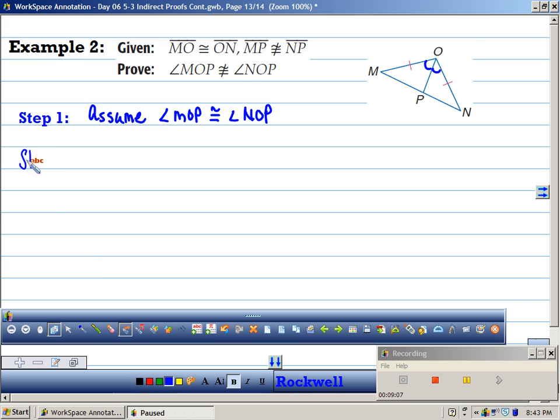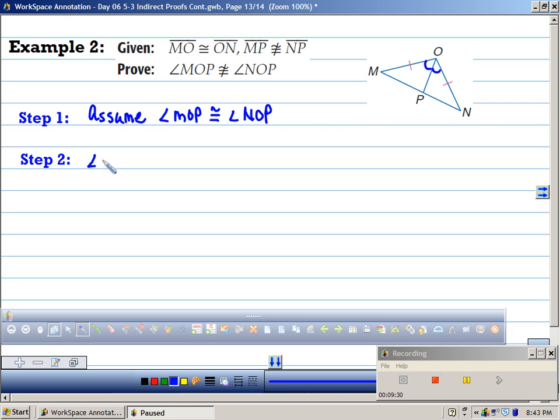Alright, step number 2. And we can start writing this, instead of talking about it, start writing out our thinking as we go through this. Okay, so as I was saying, MO and ON are congruent. So I'm going to say, let's see, angle MOP is congruent with angle NOP.